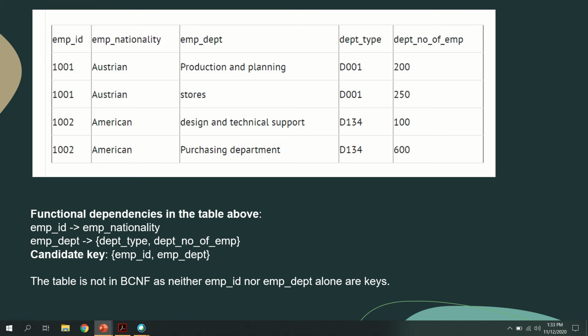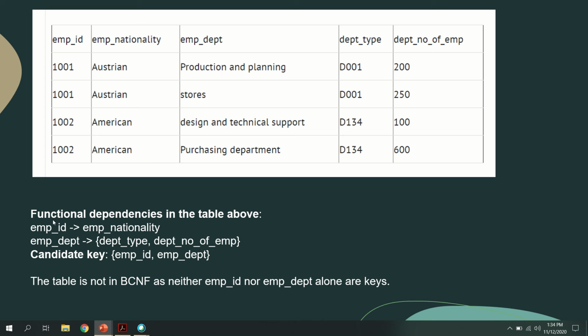The next question we have to consider is whether this table is in BCNF or not. We know that for a table to be in BCNF, the first thing is that there should not be any transitive dependency. Then only the table will be in 3NF. So that one is true here. But the second point is not true here. Two functional dependencies are described from this table.